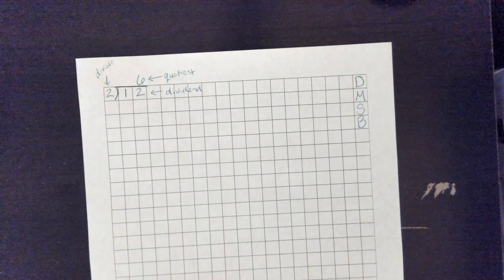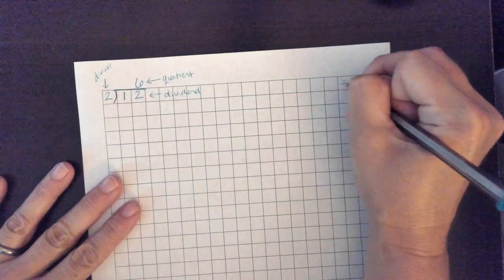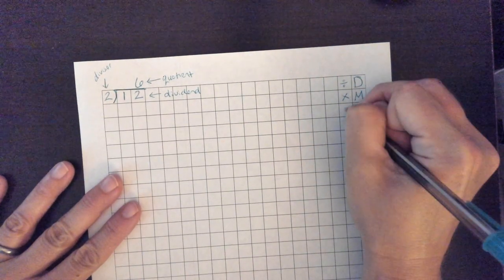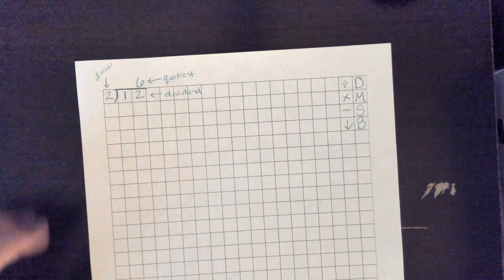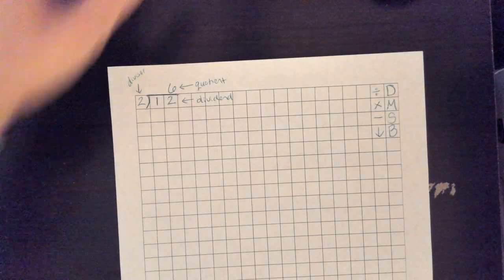Remember, that tells you that you divide first, then you multiply, then you subtract, then you bring down. Those steps are going to be the same whether you're doing one-digit divisors or two-digit divisors.